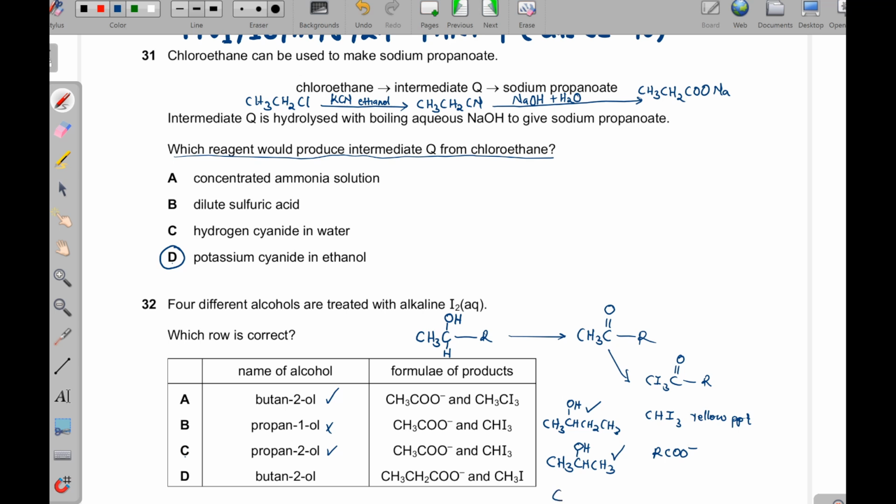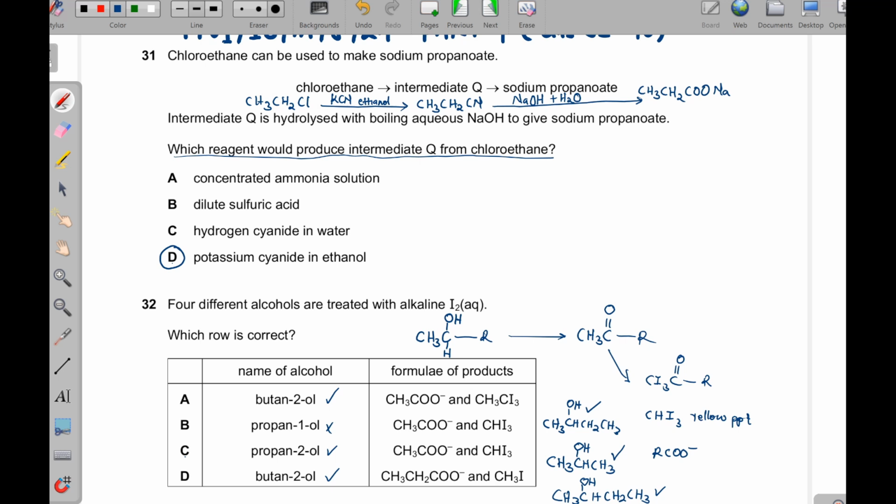Then butan 2O is CH3, C. And then we have an OH up here. Then H. And then CH2, CH3. Even this one will give because the group is there. Now the formula of the compounds.